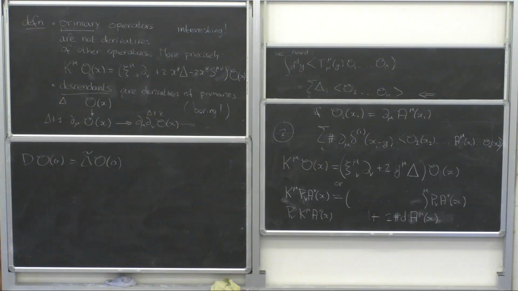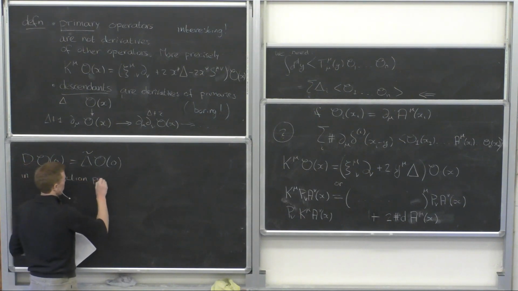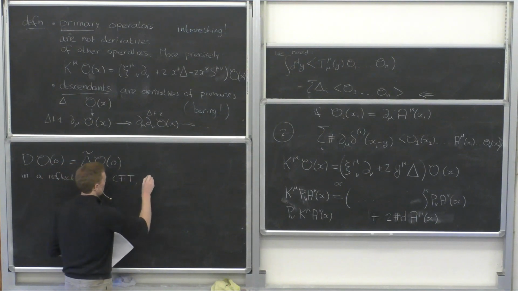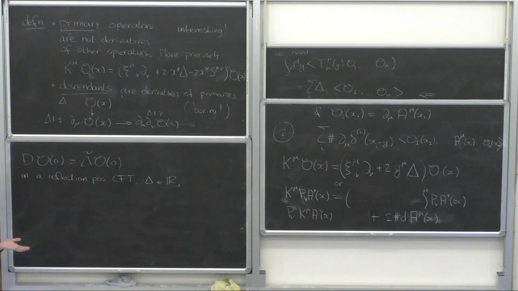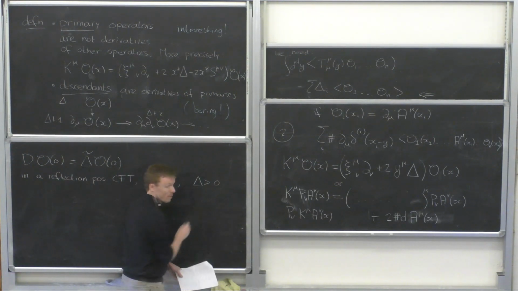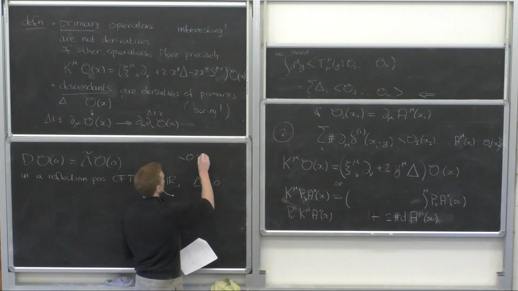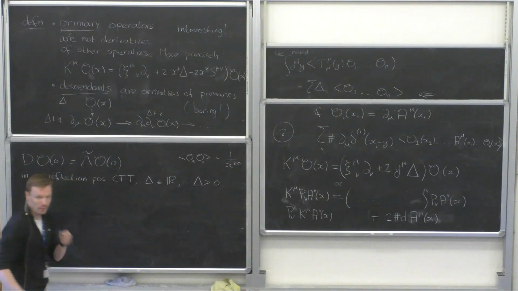So the answer is that in a unitary conformal field theory they are. So in a reflection positive CFT, deltas are real. The deltas are also bounded from below, because they're definitely greater than 0, because O of x, O of 0 was like 1 over x to the 2 delta, if I take two identical operators.